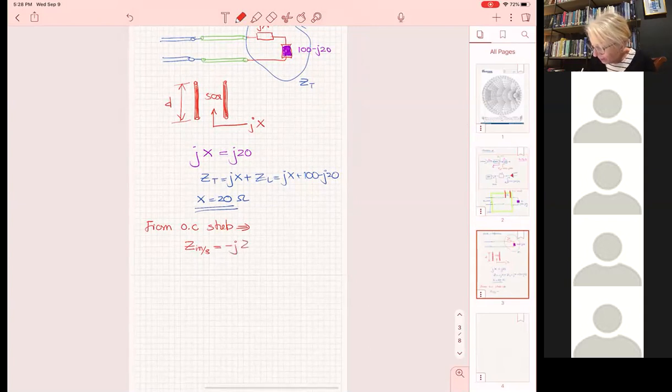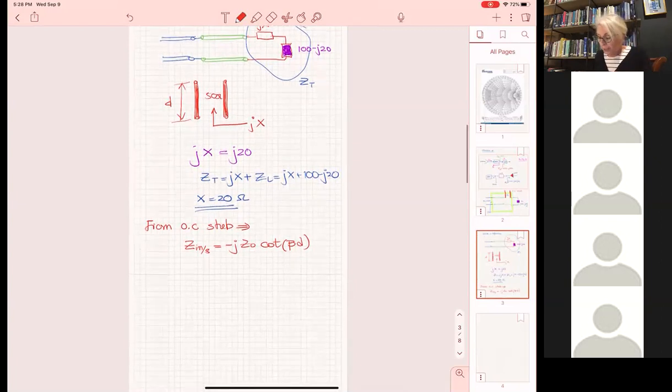Minus J Z naught cotangent of beta D. In case you don't remember that, you just need to remember the formula for Z in. I will put it here.